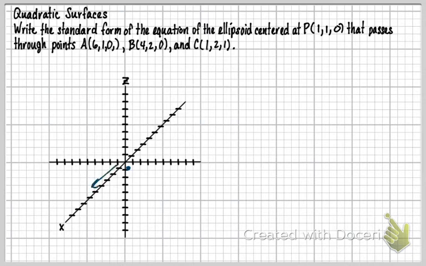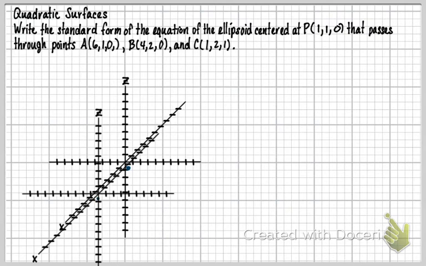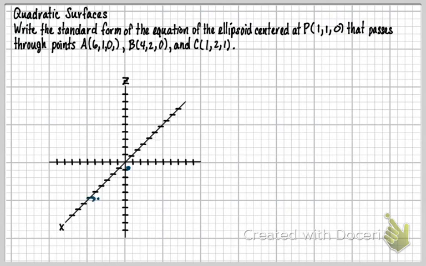So I go 6 in that direction, and 1 in the y direction. So 1 this way. All right, so there it is. So there's my point for that one. And this point P here, the first one I put down, this one here is the center.